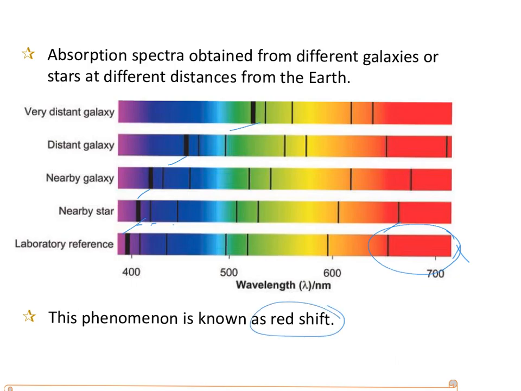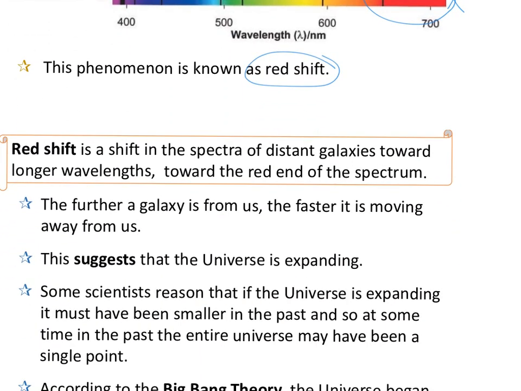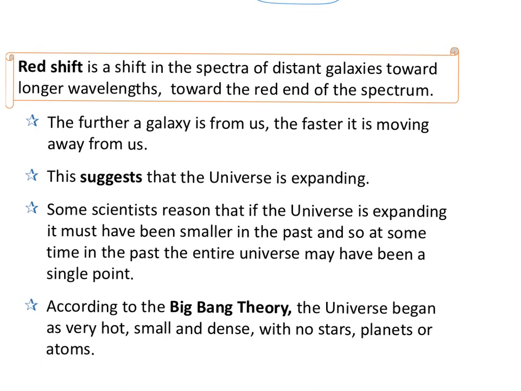It's known as redshift. That redshift is the shift of the spectra of distant galaxies towards longer wavelengths, and what it means for us is a couple of things. One, the further away they are, the faster they're moving. Two, it suggests, doesn't prove, that the universe is expanding.